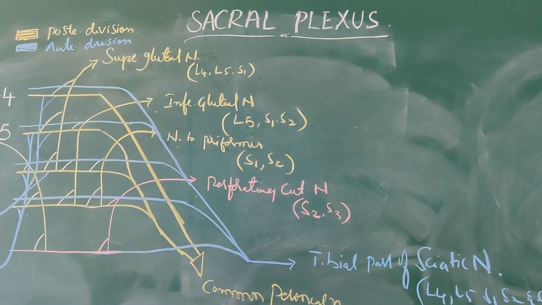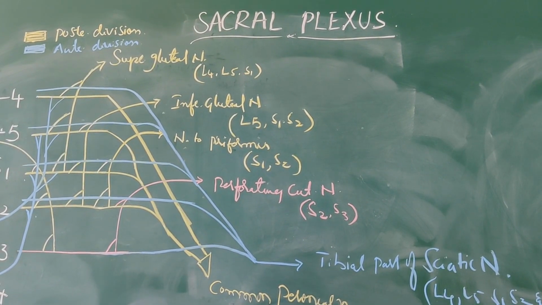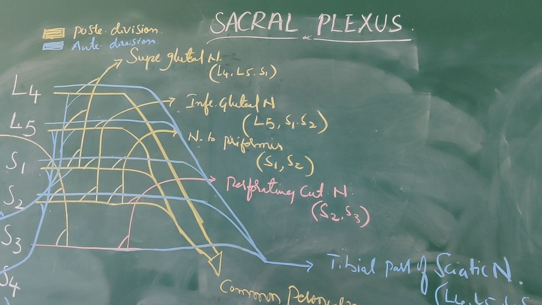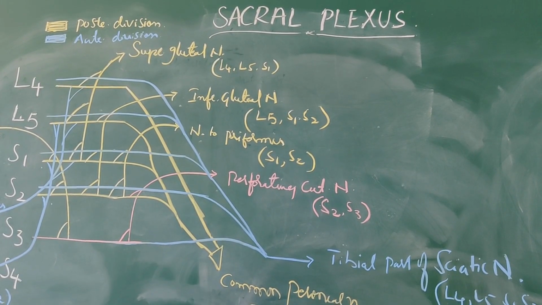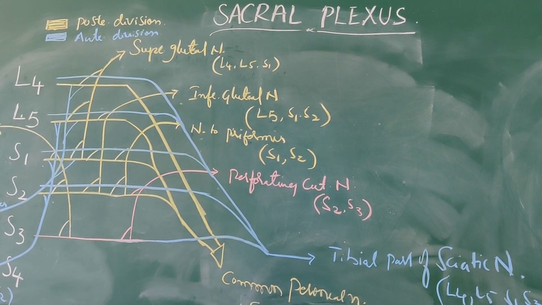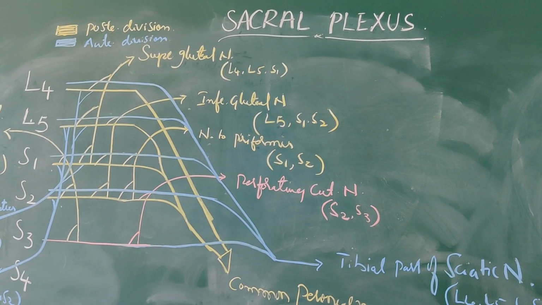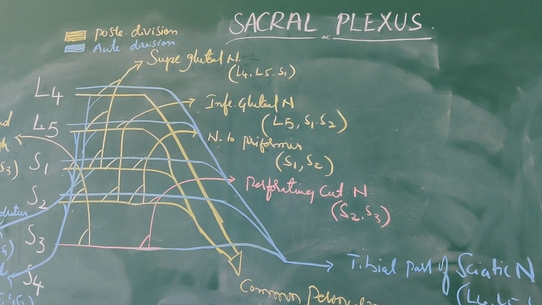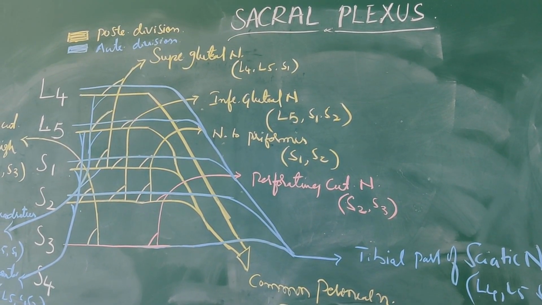Then we have branches from the anterior division, that is, the nerve to levator ani, coccygeus, and the sphincter ani externus. They derive from S4.